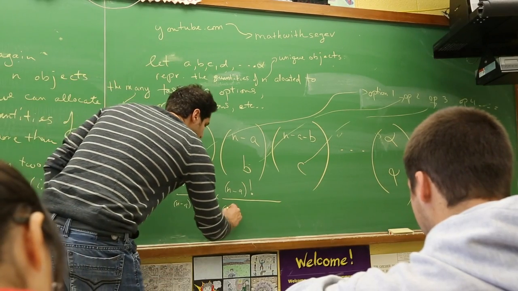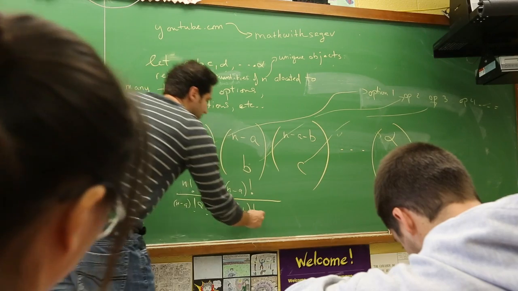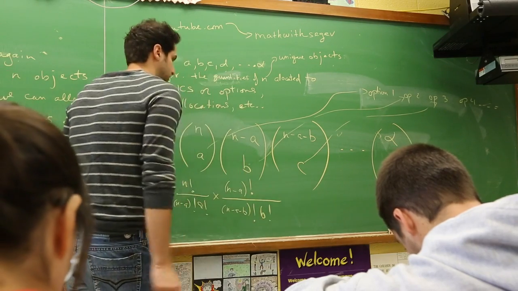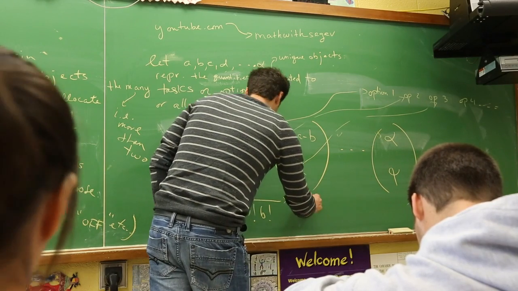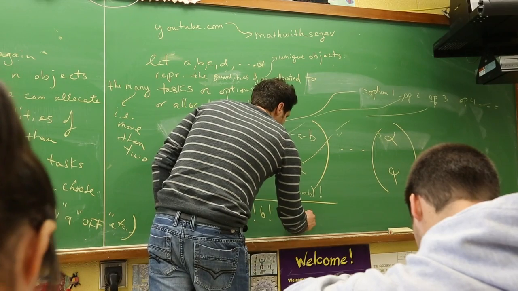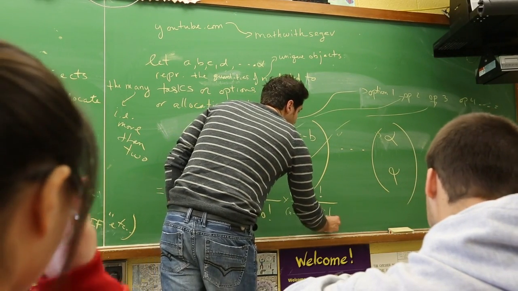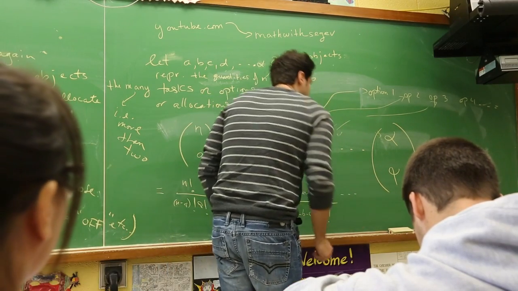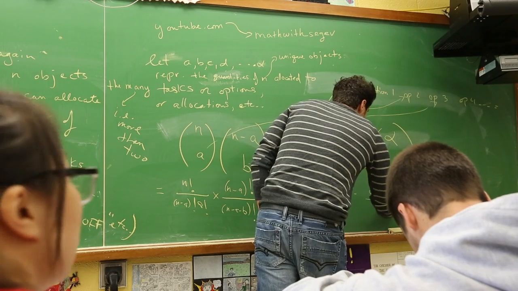Give it first one here, 3 up, and then one down. n minus a minus b minus c plus z, and then the last one is going to be 1.